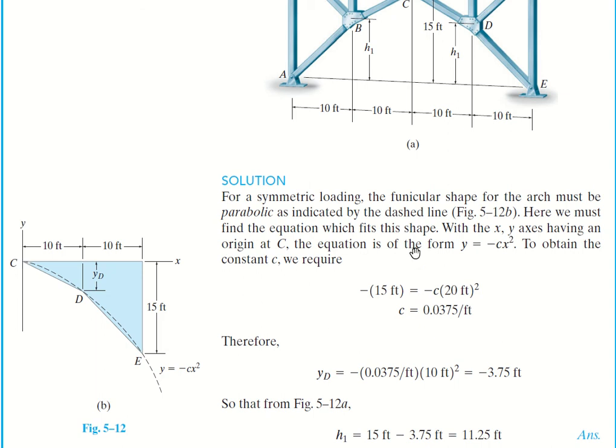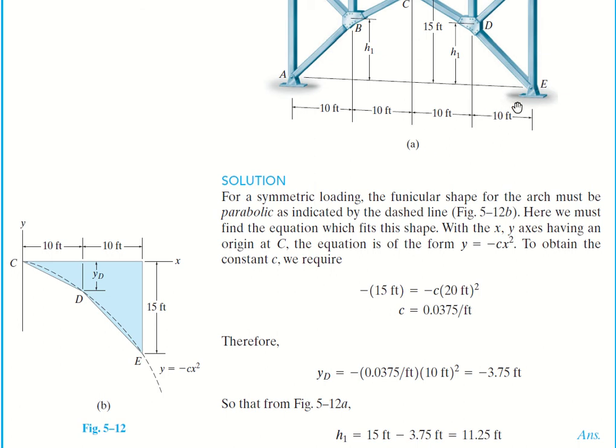The equation is of the form y is equal to minus Cx square, which is the equation of a parabola. To obtain this constant C, we use minus 15 feet. What is minus 15 feet? That is y is equal to minus C into 20 feet square. What is this 20 feet? This is x, this 10 plus 10.